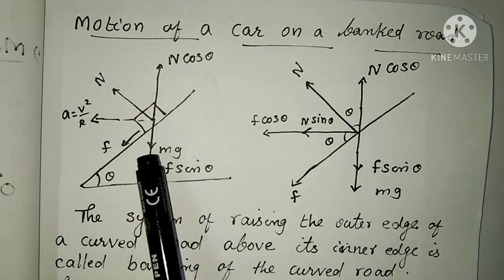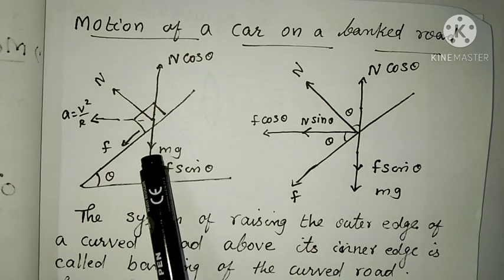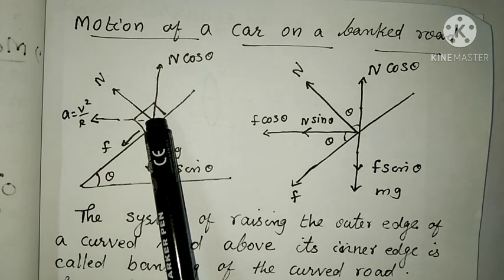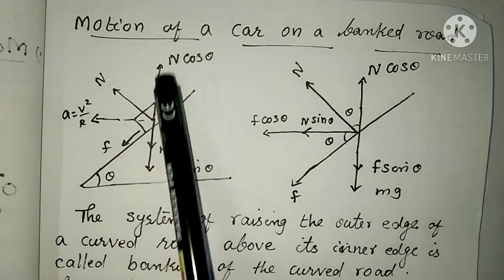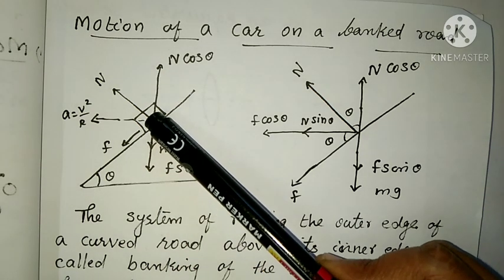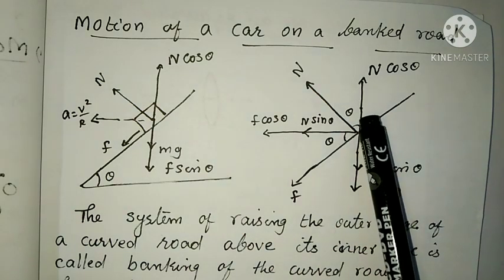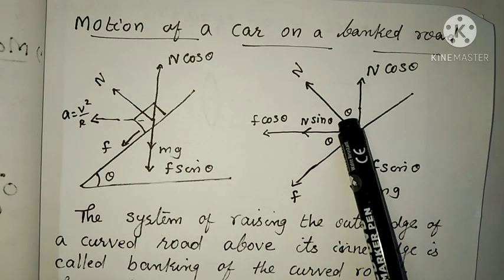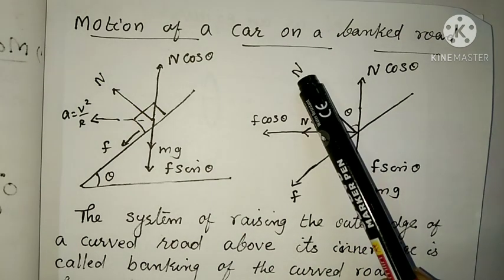In the first case, the circular level road, mg acts downward and N just opposite. Here, because of the banking, the normal reaction makes an angle theta with the vertical.